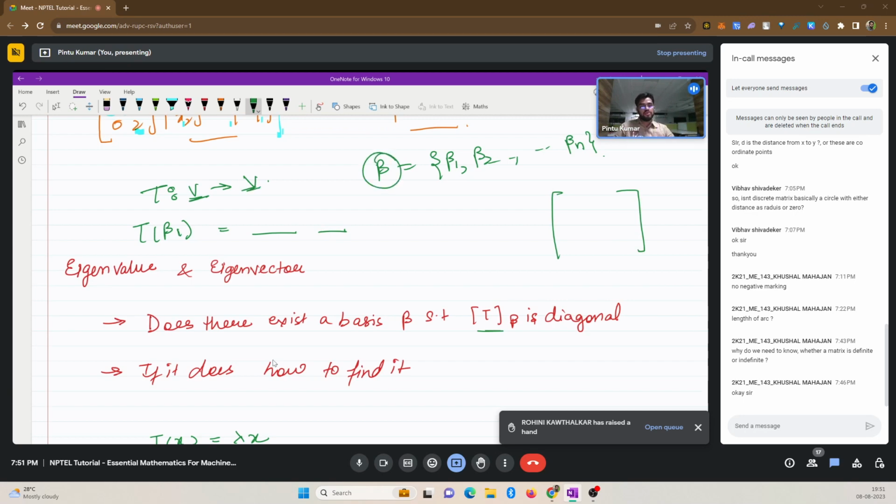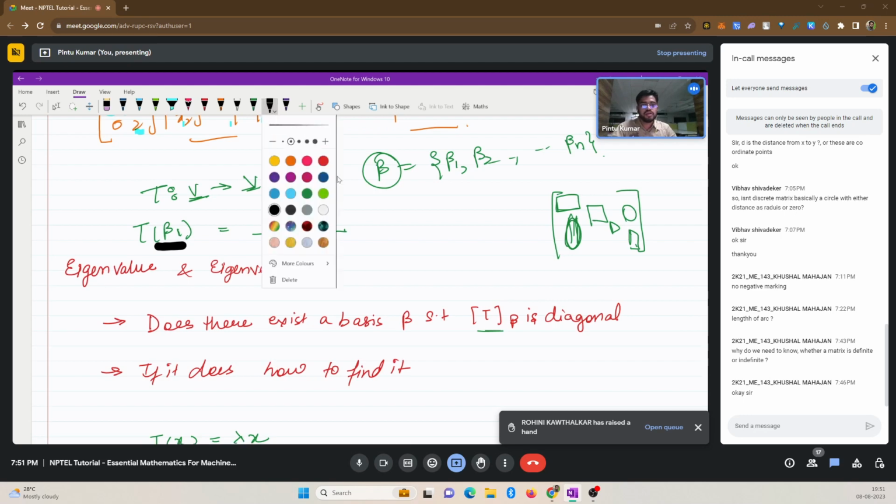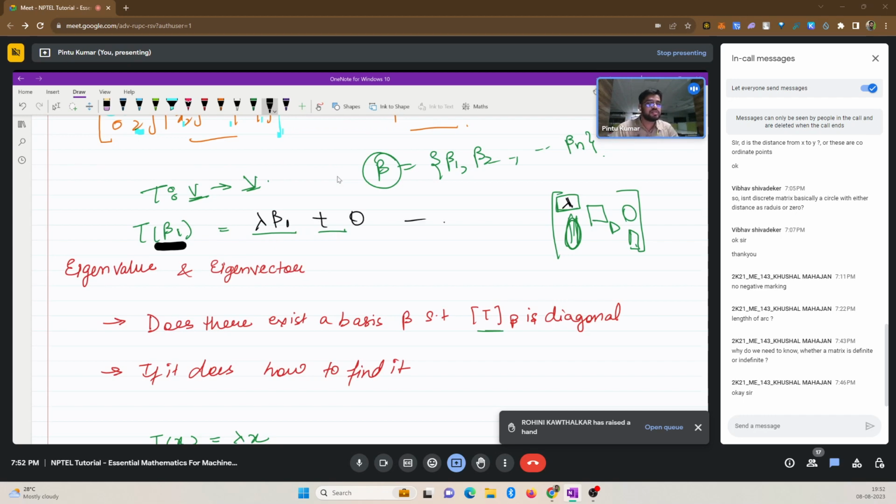Now if you want to write the coefficient, you want only the first position to be non-zero and everything else 0. That's how you make a diagonal matrix, with non-zero entries on the diagonal and 0 everywhere else. So whatever value you obtain for T of beta 1 should be lambda times beta 1, let's say this value is lambda, plus 0 times beta 2, 0 times beta 3, and so on. So this is what you should have obtained.